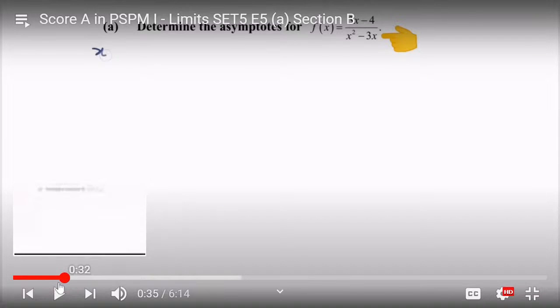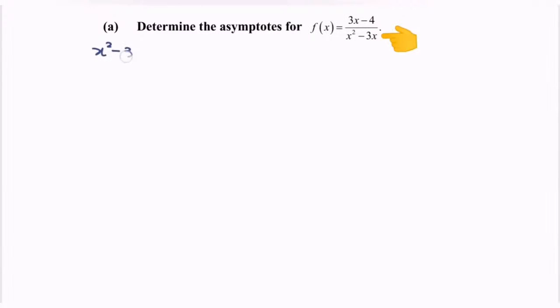So teruskan. x squared minus 3x, which equals x multiplied by (x minus 3). So by referring to this part, we can see that x squared minus 3x cannot be equal to 0 because the situation will become undefined. So meaning that in here, x cannot be equal to 0, x cannot be equal to 3.